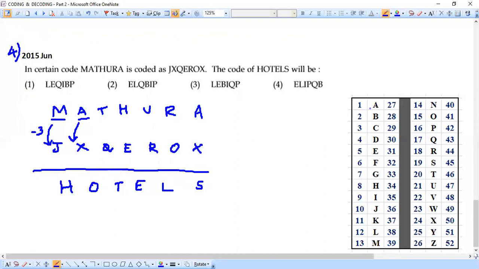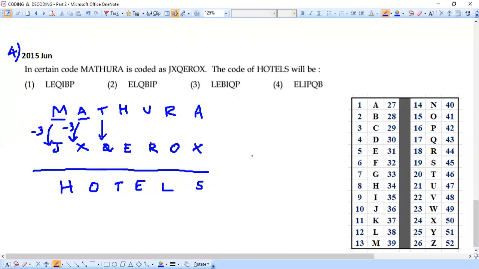If we see the reverse direction, we need to consider A as the 27th letter. So now we move from the 27th letter to the 24th letter. 27 to 24 will be simply -3 only. I think this would give us more sense, right? Because if we move in the forward direction, it won't follow the same pattern we had for the first letter. Anyways, we'll continue and see whether this is giving us a valid pattern.